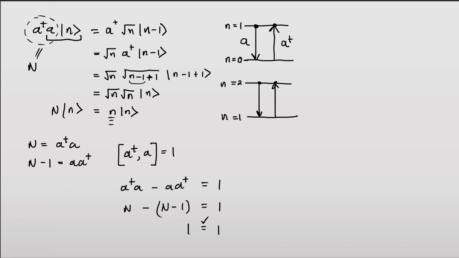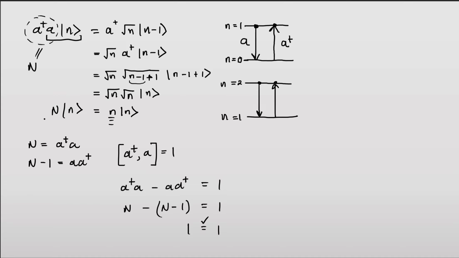Right? So this is a number. So this is called a number operator because it extracts the number of the eigenstate, and it also helps us in proving this point as well. So this is a number operator. Right.